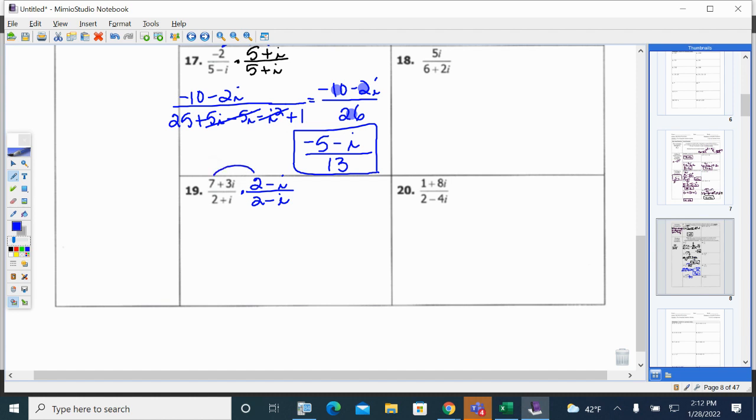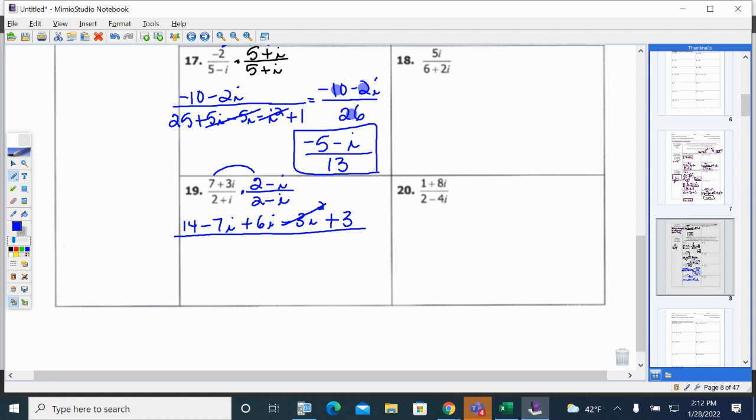So 7 times 2 is 14. 7 times -i is -7i. 3i times 2 is a positive 6i. 3i times -i is -3i squared. And immediately, I'm going to change that to a +3. And I'm going to get rid of that. And that's going to help me in my next step.